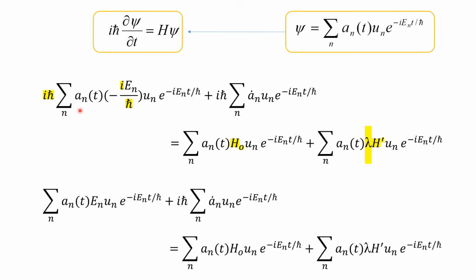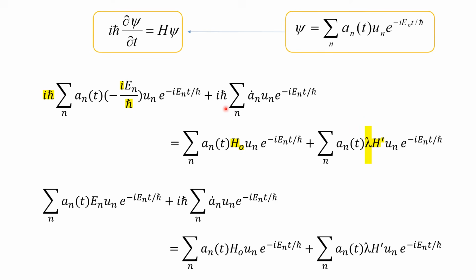First, you keep an of t as it is, and differentiate un multiplied with this exponent term. Since un is time independent, we are differentiating e to the power minus i En t over ħ, which will be equal to minus i En over ħ into e to the power minus i En t over ħ.